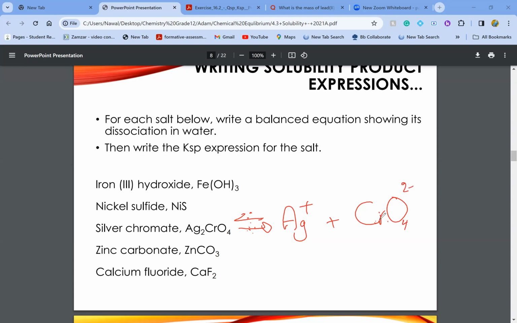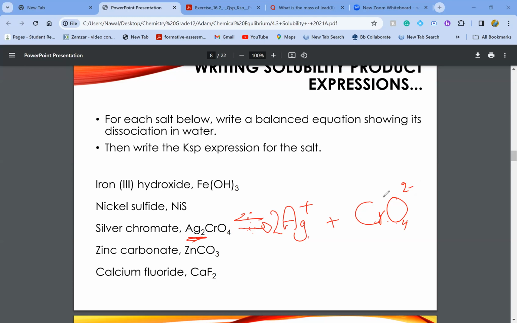If I go, I will check it. This is chromate, and this is silver, simply. I have to balance. Here I have 2 silver, so I will multiply it by 2. Chromate is 1, so this is 1. Is it clear or not? This was your mistake, okay?